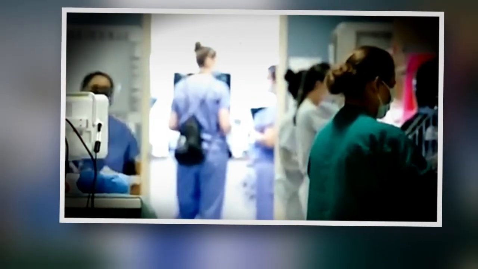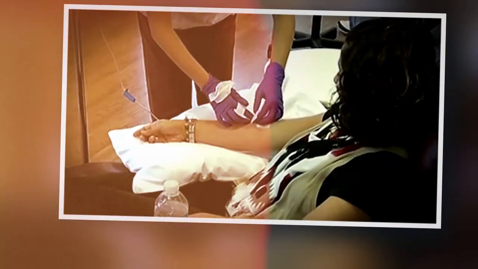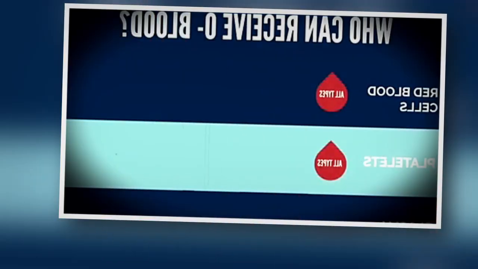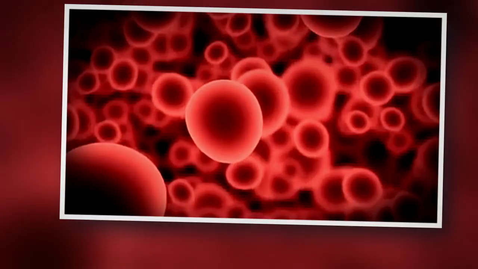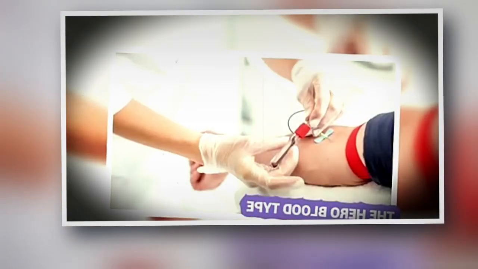On the flip side, blood type O appears to offer a degree of protection against certain cardiovascular problems. Research indicates that people with type O often have lower levels of von Willebrand factor and other clotting proteins in their blood. This might sound like medical jargon, but here's what it boils down to.